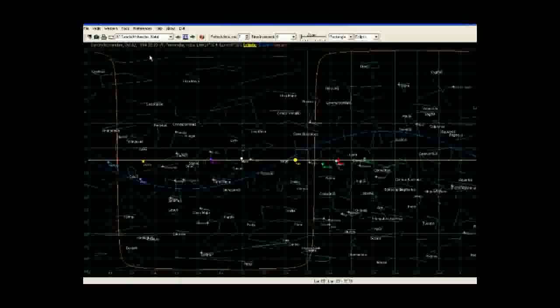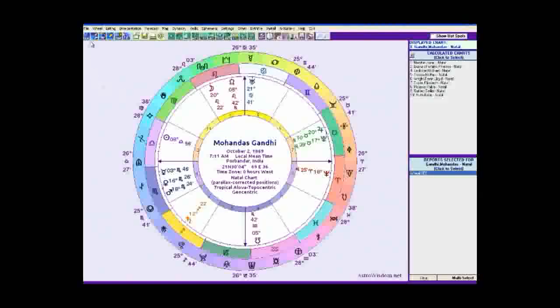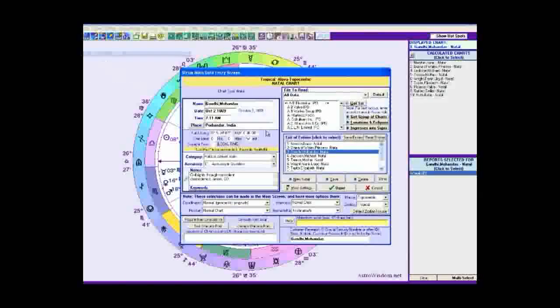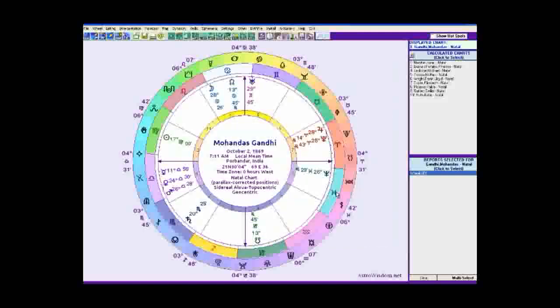That is the truth of the matter. So let's take a look at what happens when, again, we can simply choose sidereal zodiac instead of tropical. And lo and behold, the sidereal zodiac shows that his sun is indeed in Virgo, which is right where it was on the actual map of the sky.